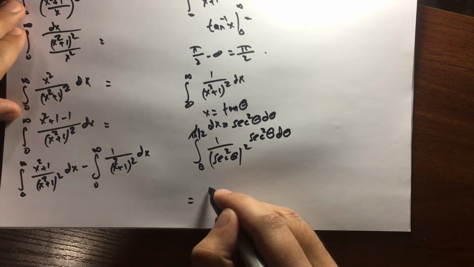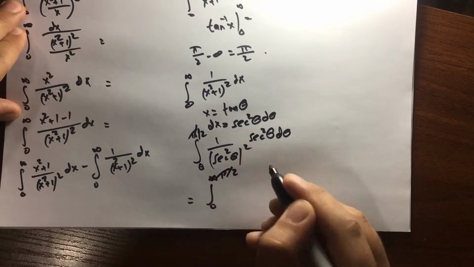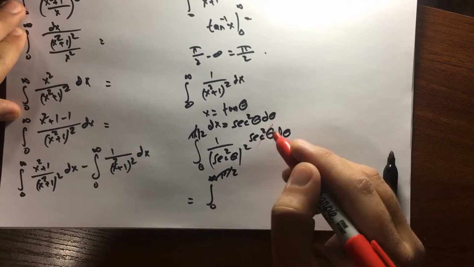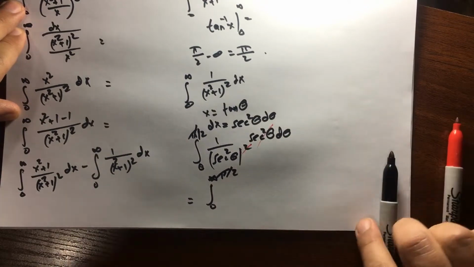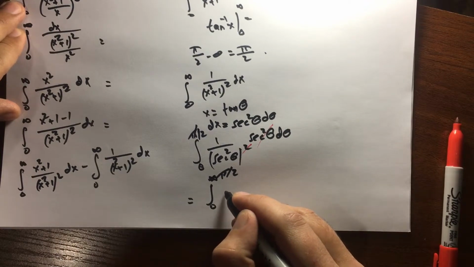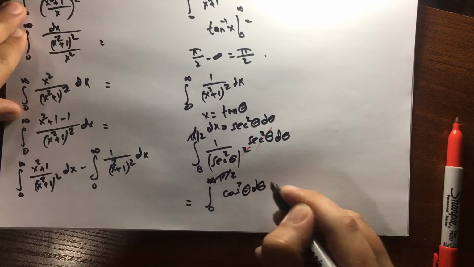Now this equals the integral from 0 to pi over 2. Now this secant squared theta cancels out with this, so we are left with 1 over secant squared theta, which is cosine squared theta d theta.